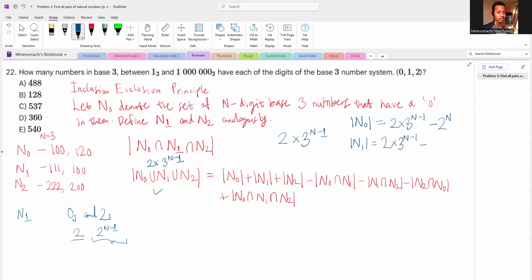They contain only zeros and twos, and we see that this can be done in, the first digit can be fixed in 1 way, and the remaining digits can be fixed in 2 to the power of n minus 1 ways. So this is just minus 2 to the power of n minus 1. And of course, this is going to be similar for n2. So just swap the places of 1 and 2.